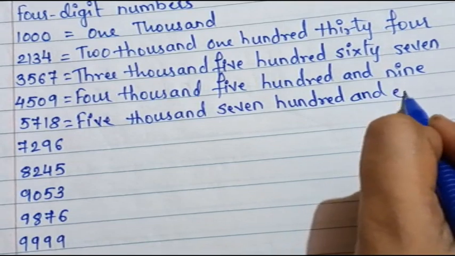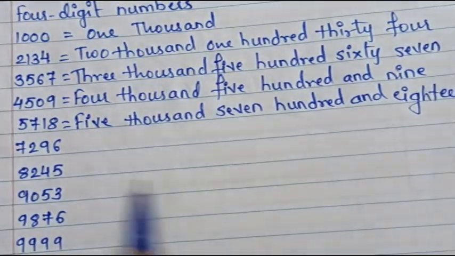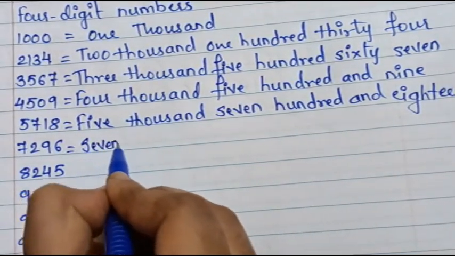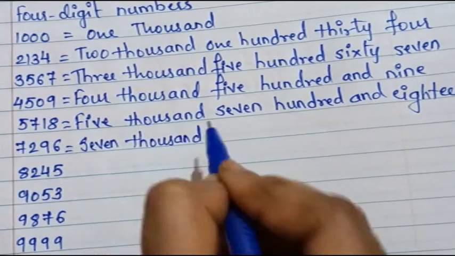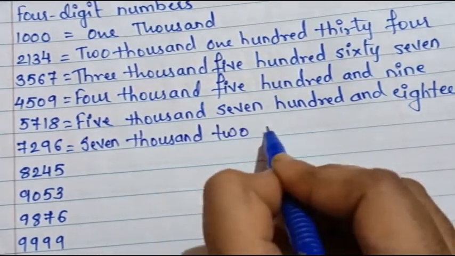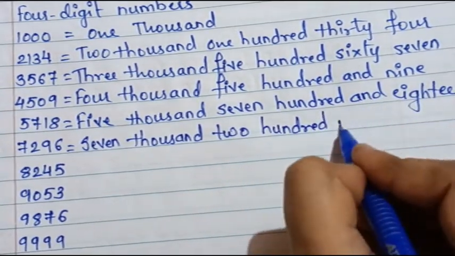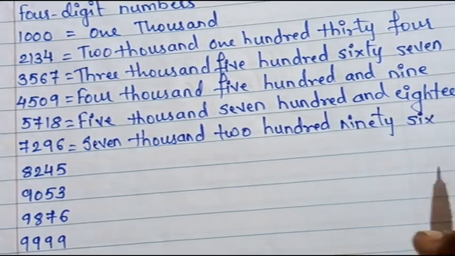5780. Okay, next number is 7000. 7296 and 96.